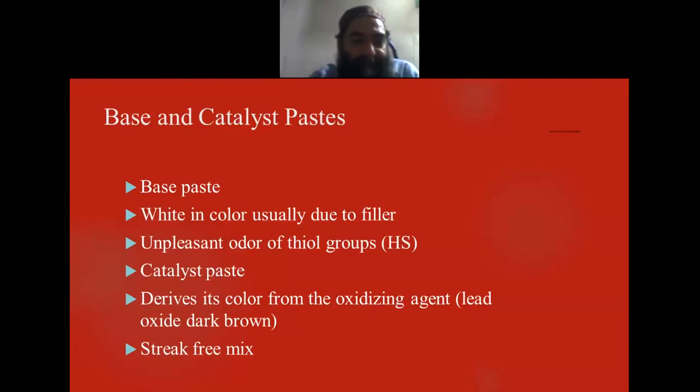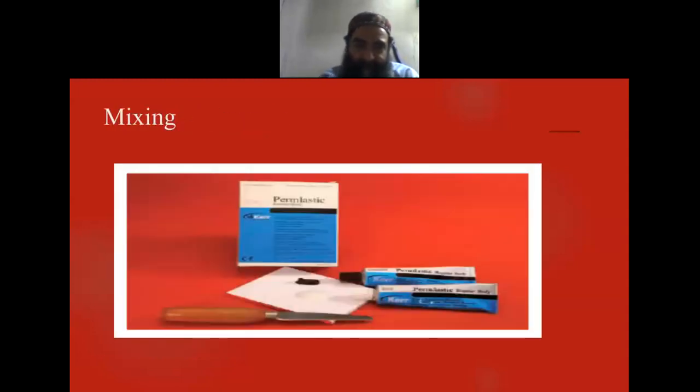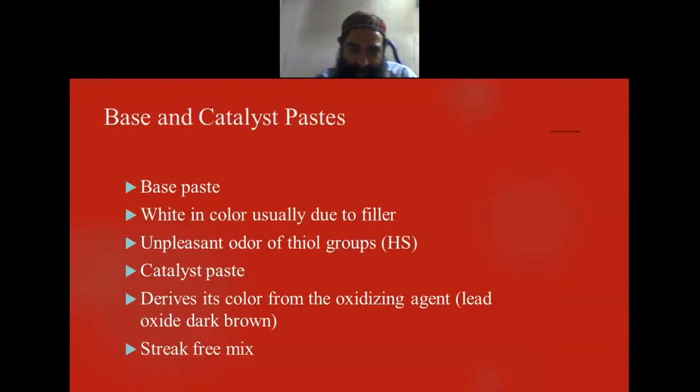Then the catalyst paste derives its color from the oxidizing agent, that is lead dioxide, which is dark brown. If we can see, it is a dark brown color, although it seems to look like black.